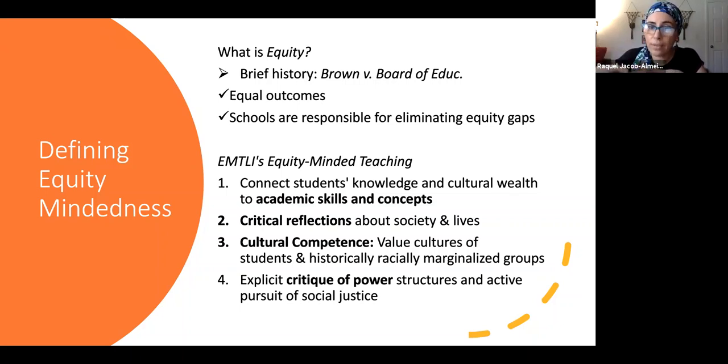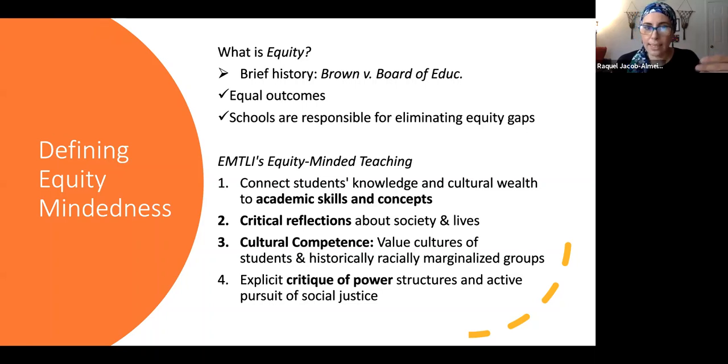If you don't have equal outcomes amongst all categories of students, then that's indicative of some form of systemic bias. You could be equally exposing all students to the same curriculum or the same pedagogy, but that curriculum could itself be biased, right? And so that would produce unequal outcomes. That's indicative of this systemic bias that needs to be overcome.